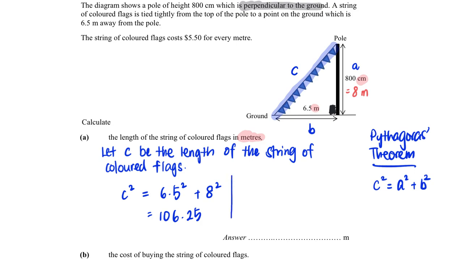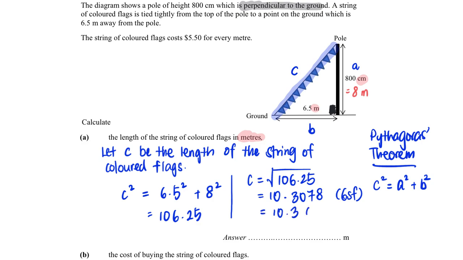And so the final answer, my C is simply the square root of 106.25, which will be 10.3078 to 6 significant figures. Final answer, 10.3 meters to 3 significant figures.